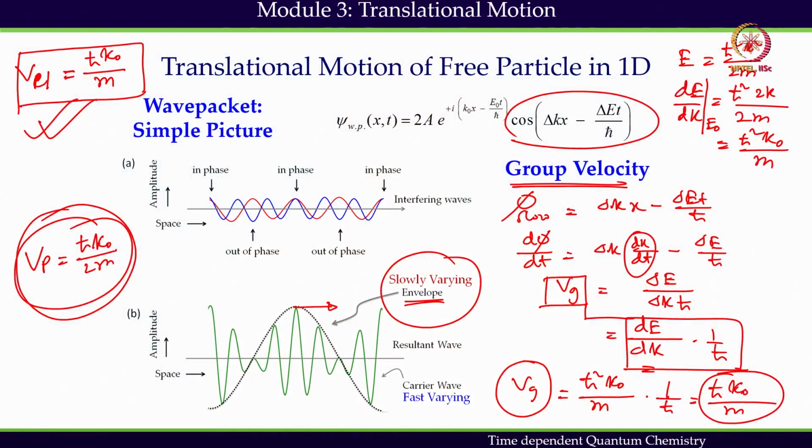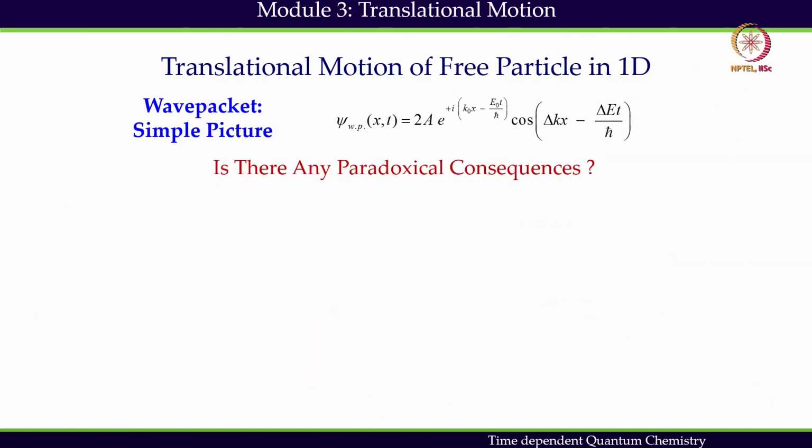One velocity is the group velocity, which is nothing but the classical velocity. The other, phase velocity, is the velocity of the constant phase front of the fast varying component, or carrier wave, moving at a different velocity. With this understanding, we will move forward and ask the same question.